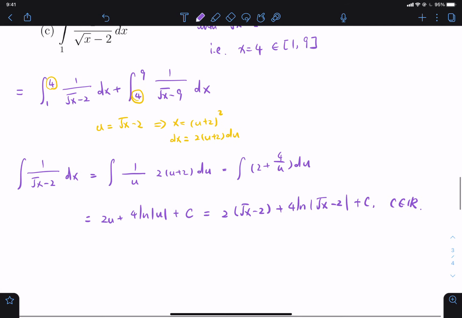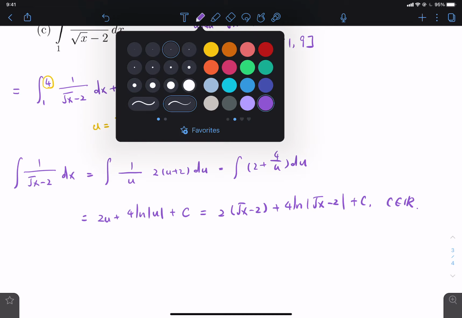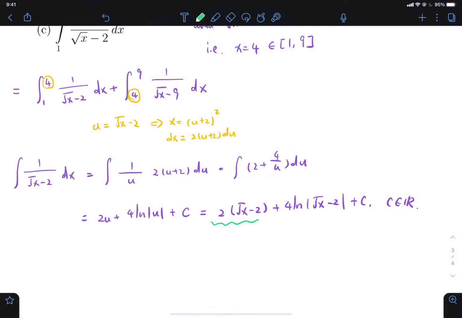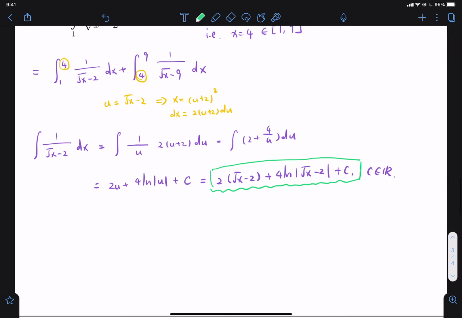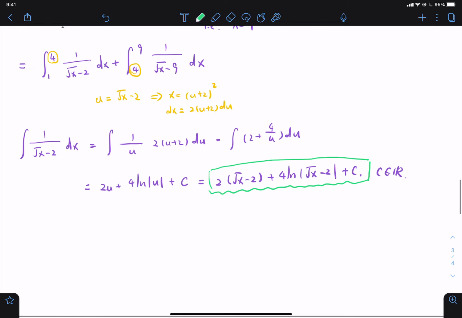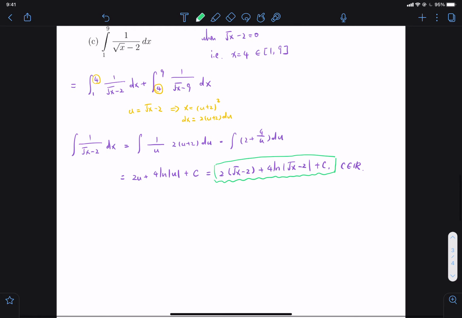Okay, now we've got what we need, the indefinite integral in here, right? The reason we need it is because we need to turn that into the limit notation.